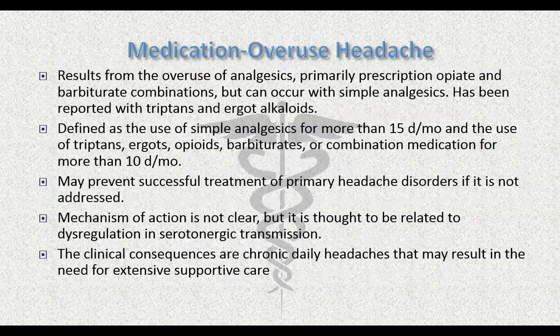These can occur for a large number of different types of analgesics, but things like opiates and barbiturate combinations are particularly prone to give people these medication overuse headaches. But even taking excess ibuprofen for too long, when you stop, can lead to this kind of rebound headache.